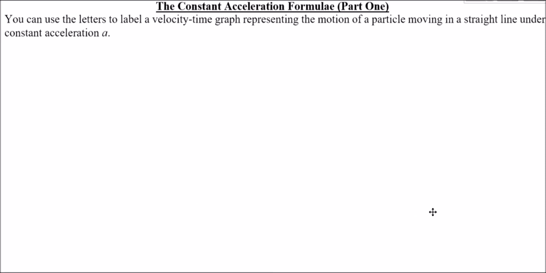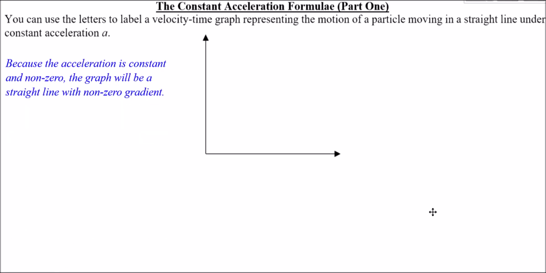Even more than that, we can use the letters to label a velocity time graph representing the motion of a particle moving in a straight line under constant acceleration a. So here are the axes. And just to make note, because the acceleration is constant and non-zero, just to go back to the previous lessons, the graph will be a straight line with a non-zero gradient.